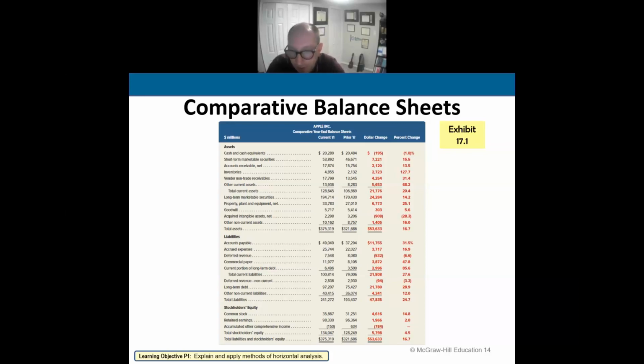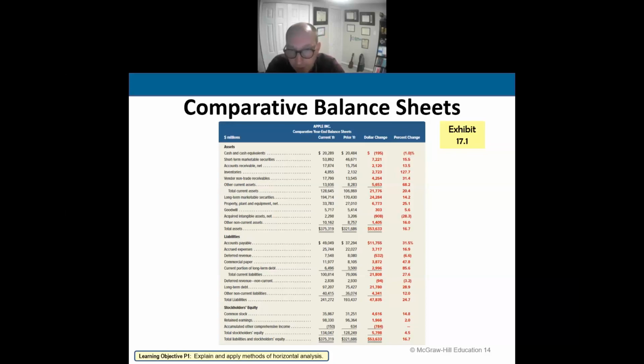percent change. This information is really helpful because it shows me in all of my assets, liabilities, and equity where the changes have occurred and how much they change by. You know, in doing this, as a manager, I can make decisions and I can analyze this information.